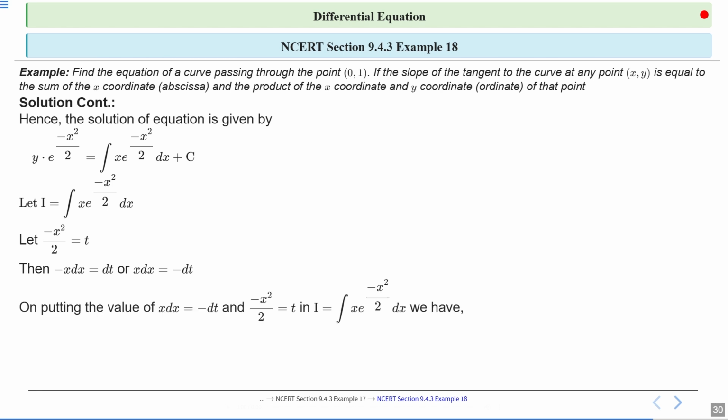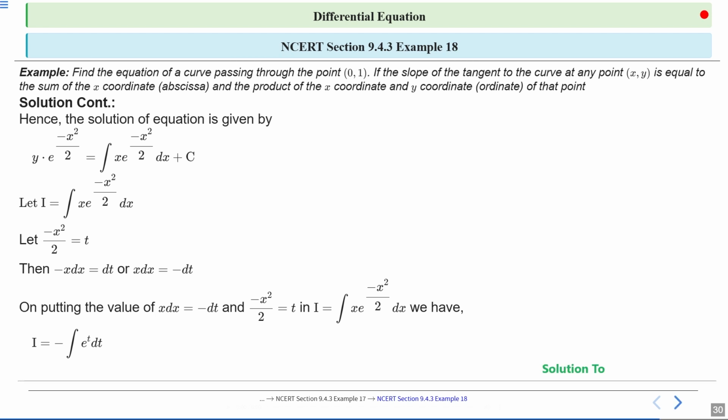So on putting the value of x dx, that is minus dt, and minus x square by 2, that is t, in integral I is equal to integration of x into e the power minus x square by 2, we have I is equal to minus integral of e the power t dt. We just replace x dx by minus dt, and put minus x square by 2 as t.